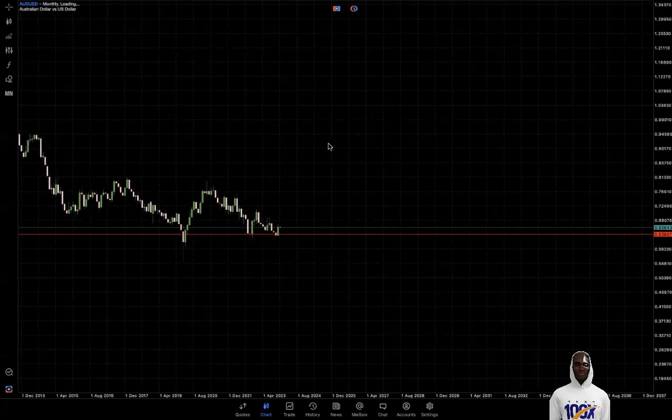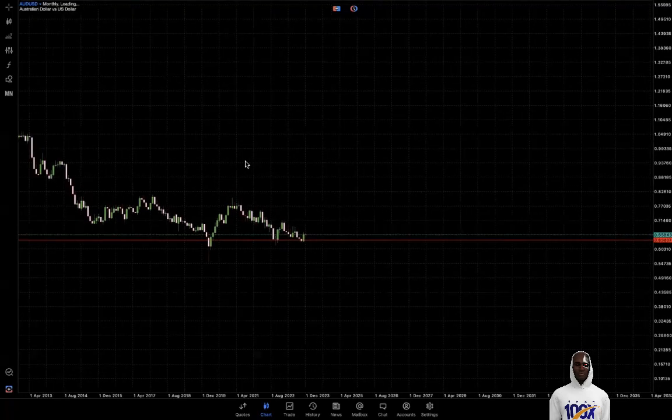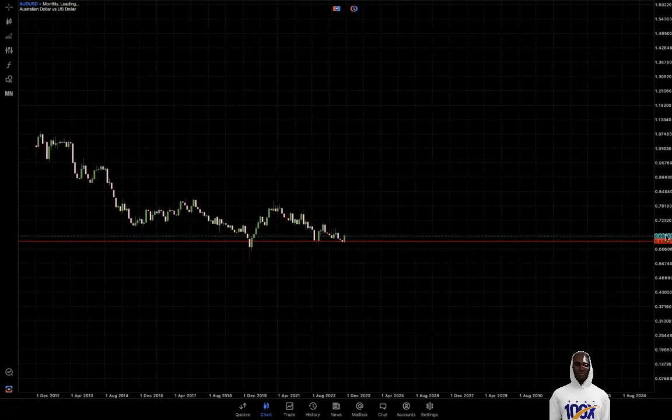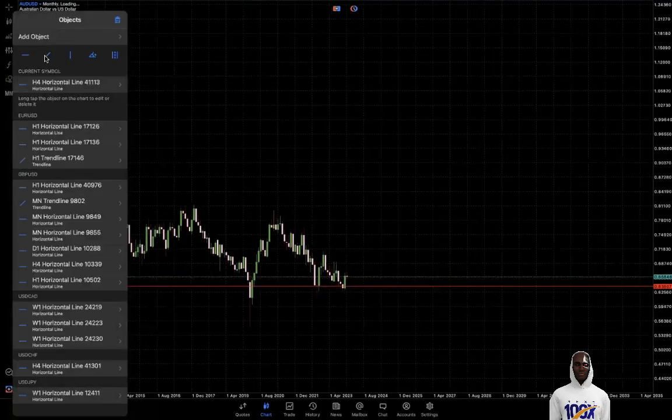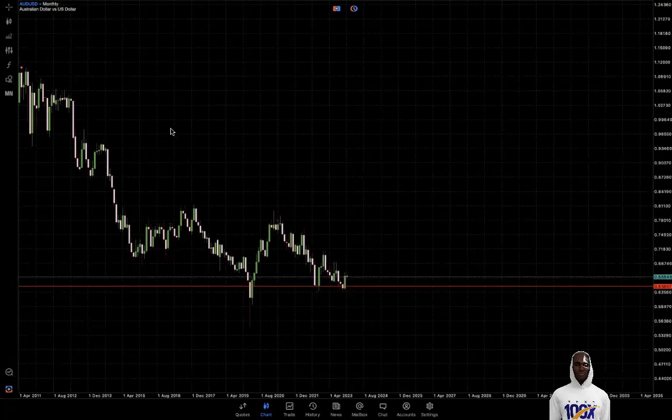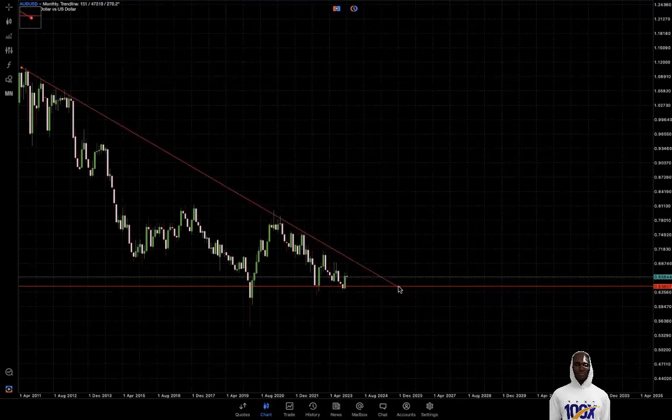Looking at this, the overall market structure on the Australian USD is downwards.